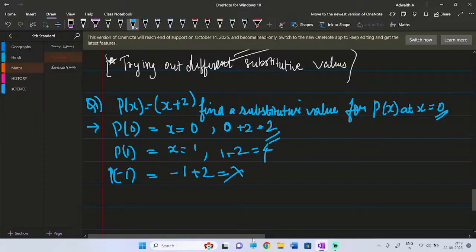P of 2 is 2 plus 2, which gives 4. P of negative 2 is negative 2 plus 2, which is equal to 0.